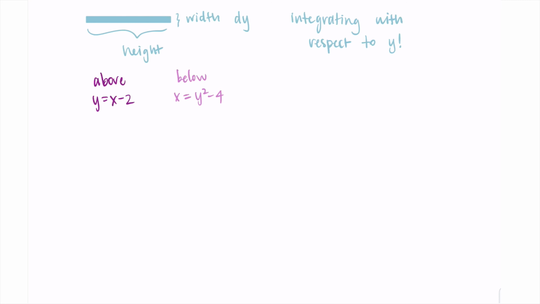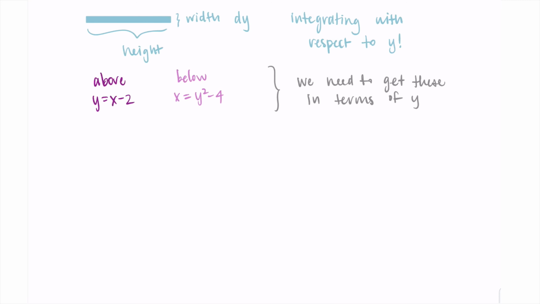Whatever we plug into our integral is going to have y's in it. So what I need to do is solve these top and bottom functions in terms of y. So we need to get these equations in terms of y.